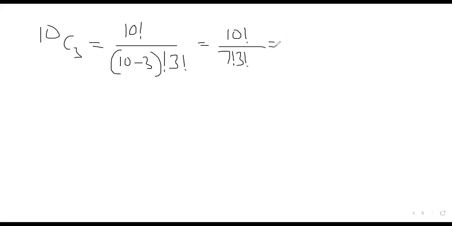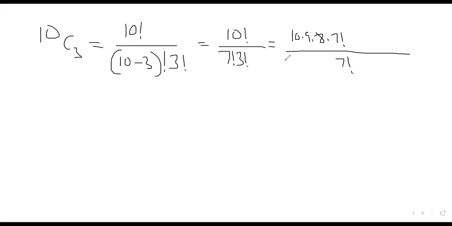So what is 10 factorial? 10 times 9 times 8 times 7 factorial. It's going downwards. Where you have a 7 factorial, you just end there, until the biggest factorial here. 7 factorial means it's going downwards.